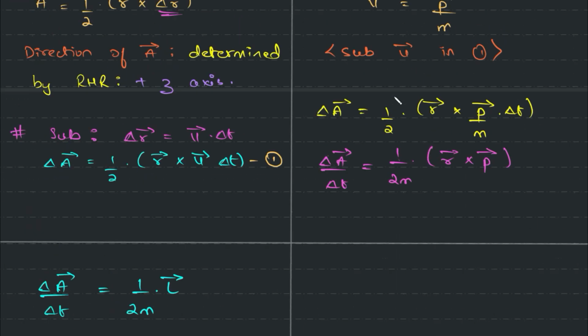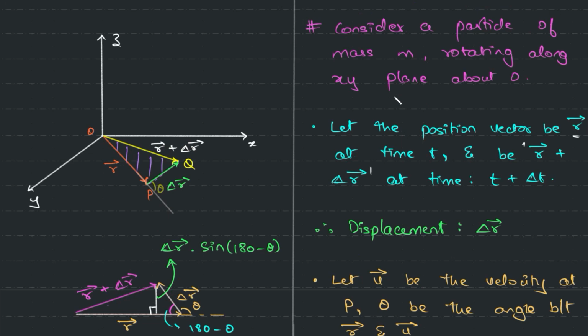So basically, if I happen to have a diagram, what all of this means is I can figure out the area, divide that with the rate at which this area was covered, and the mass, and by 2 as well. Sorry, multiplication: 2m is multiplied and delta A is divided by delta T. So basically, per second, how much area is being covered, multiply that with 2 times the mass, and this will give us our angular momentum.